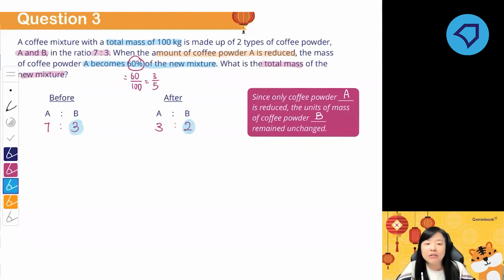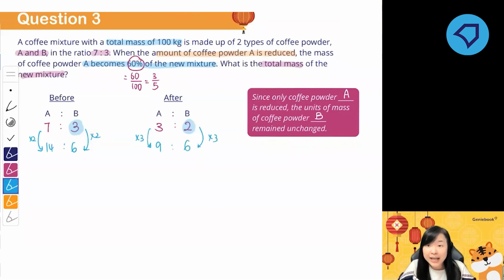Okay, so now 3 and 2 is very friendly, right? What's the common multiple of 3 and 2? 3 and 2, common multiple is 6, so we times 2. And the next one we times 3.